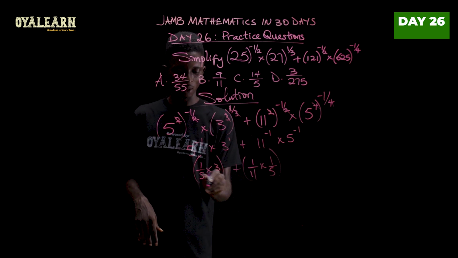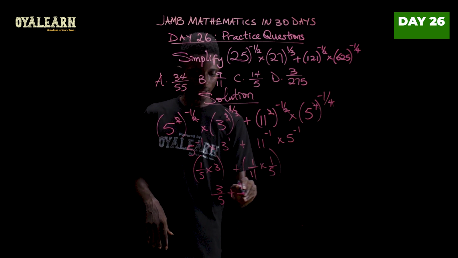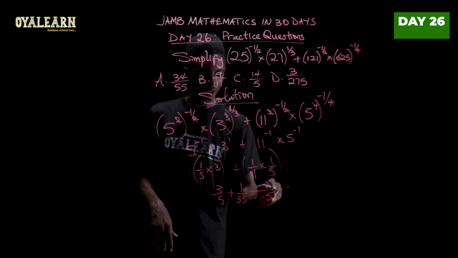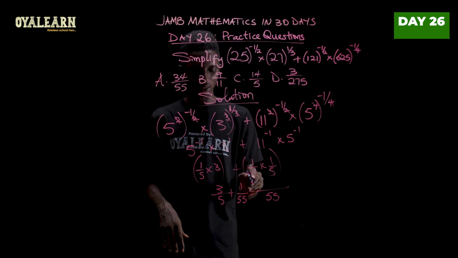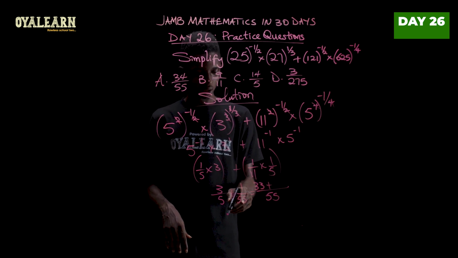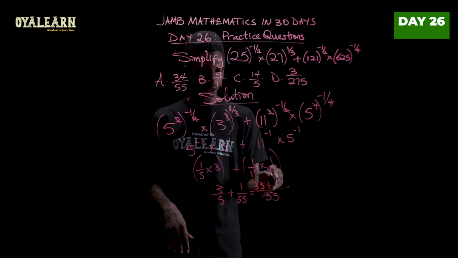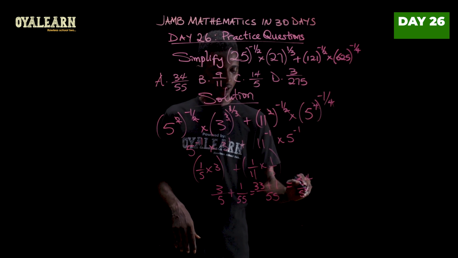What this means is that we have 3 over 5 plus 1 over 55. So the LCM here is 55. Now 5 in 55 is 11, 11 times 3 we have 33, plus 55 here is 1, 1 times 1 is 1. So what we have is 34 over 55.